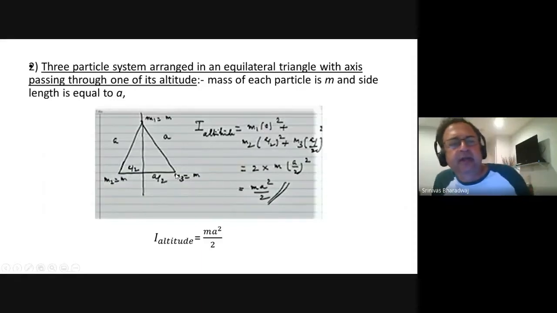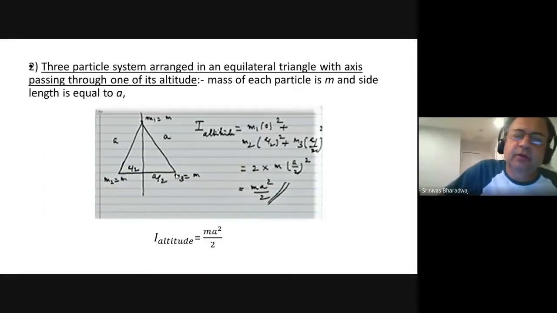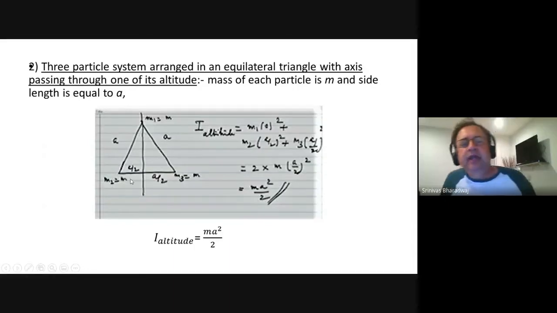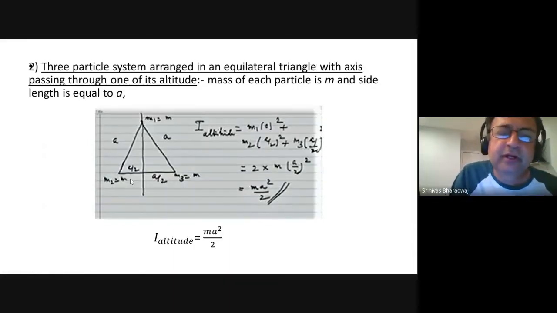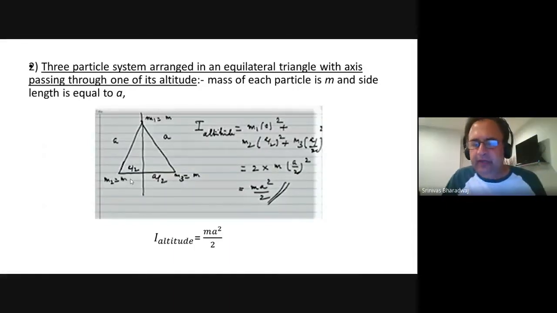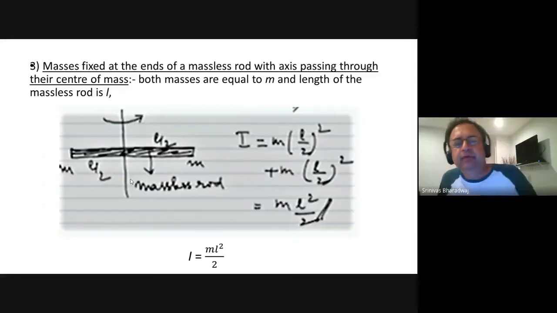So this one has m times a by 2, and this one also has m times a by 2. Therefore you have m times (a by 2) square plus m times (a by 2) square, which gives ma square by 4 times 2. Therefore you have ma square by 2.